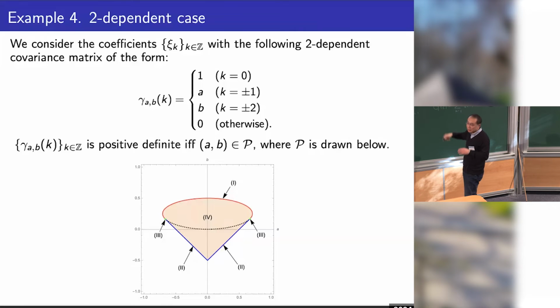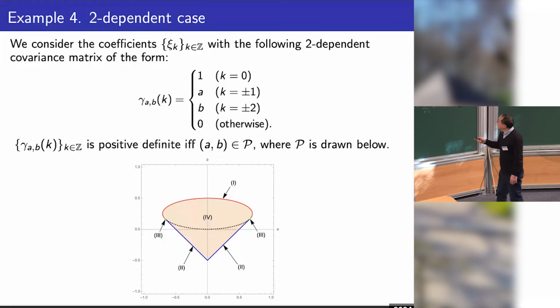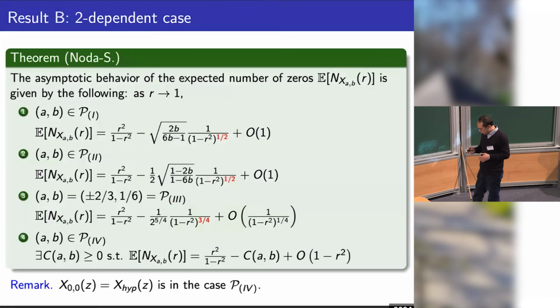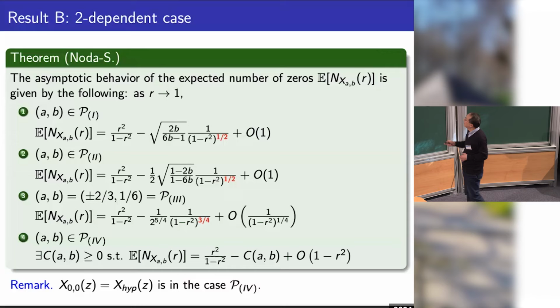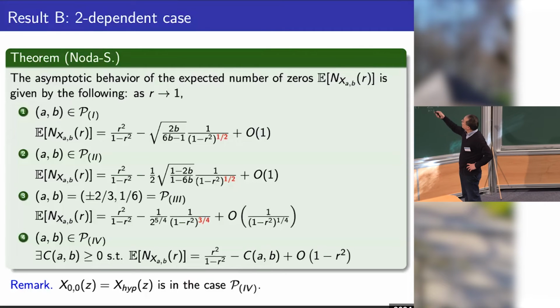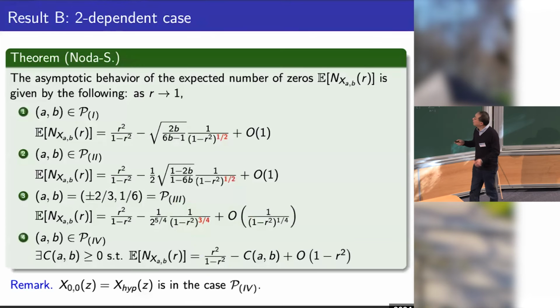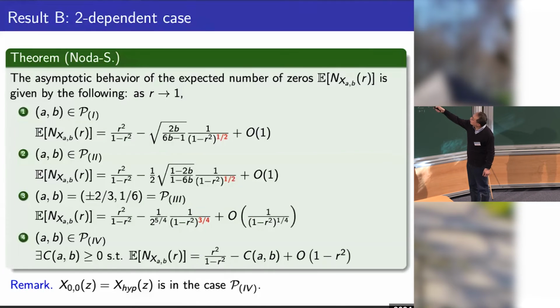There are 4 regions, and depending on the region, you see different behavior. The first 2 are the same as the one dependent case. But the third one, which corresponds to this green boundary here, has different behavior. So here 1/2, but here 3/4.